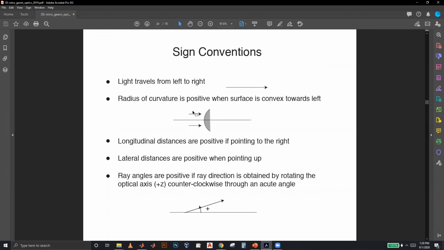Longitudinal distances are positive if pointing to the right, lateral distances are positive when pointing up, and the ray angles are positive pointing in the counterclockwise direction. Just keep these in mind. So when you plug in the radius of curvature, if the surface is concave, bent the other way, make sure you put a negative sign in front and so on.